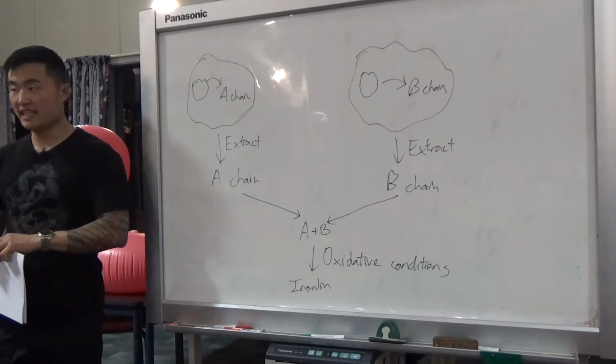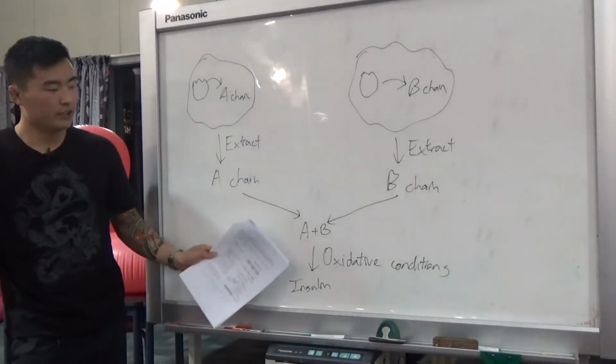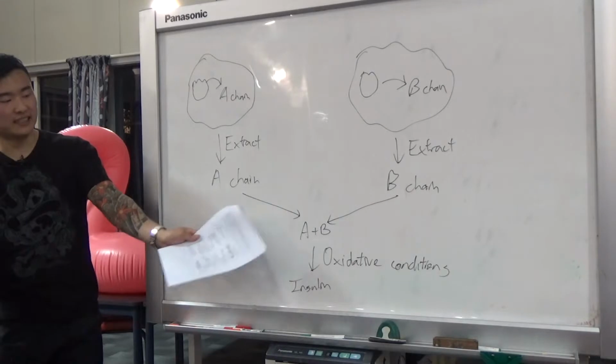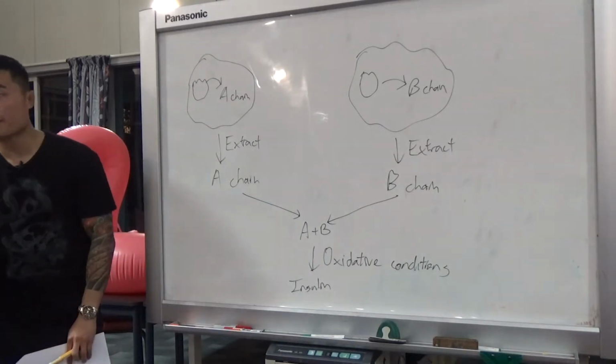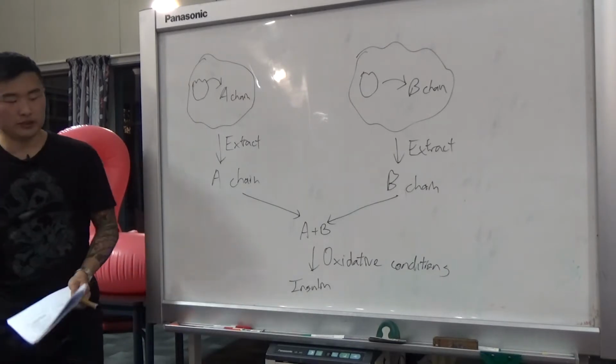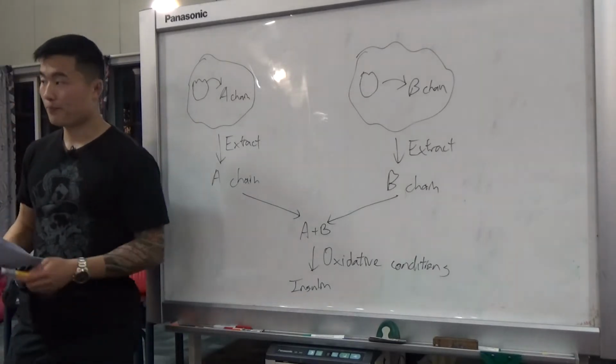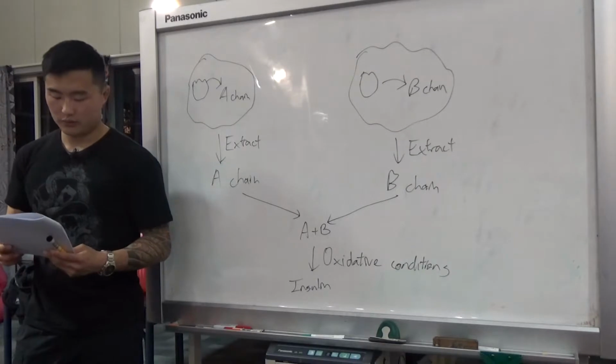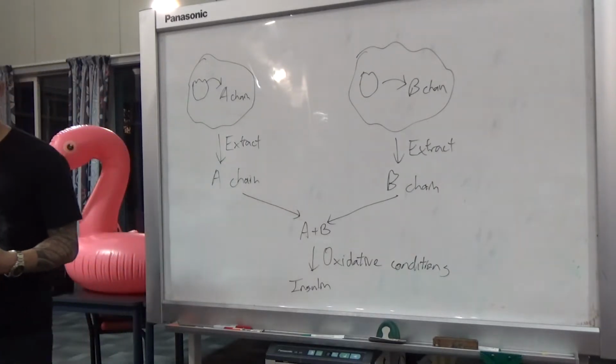They form by oxidation. So you need to mix the A and the B chains under oxidative conditions so that the disulfide bonds can form, and then you'll have your functional insulin, which can then be used to treat diabetes.